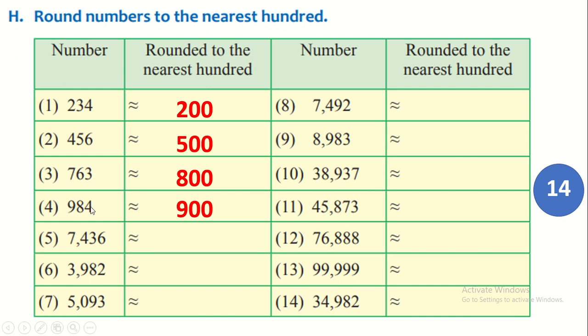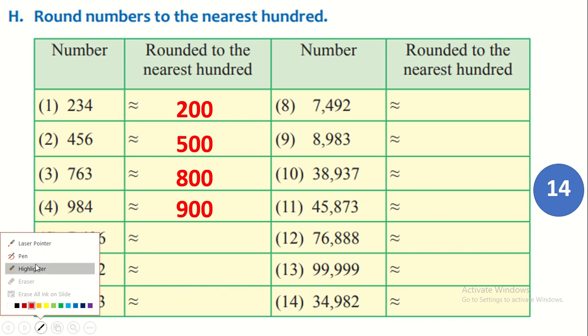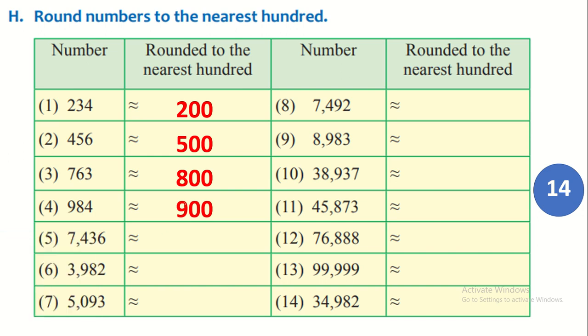Okay, students, number 4 rounded to the nearest hundred is 1000. Okay, so sorry, this is 0, and then 1. Okay, the answer is 1000. Students, sorry.